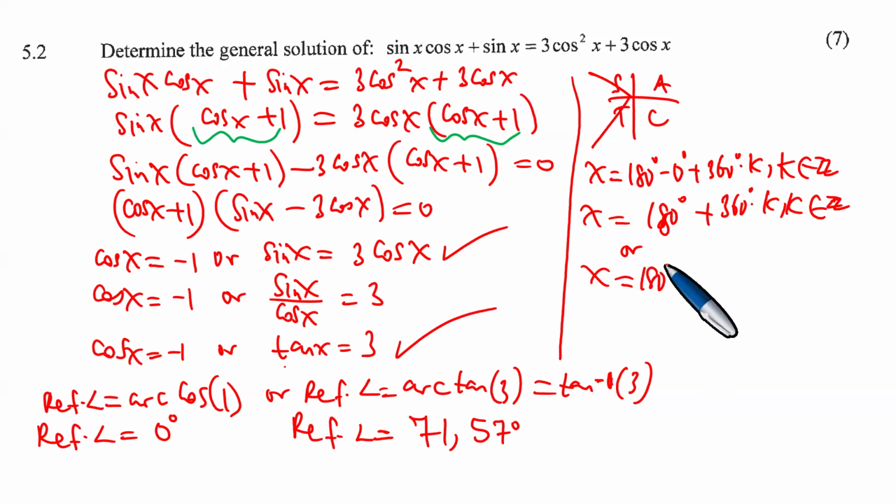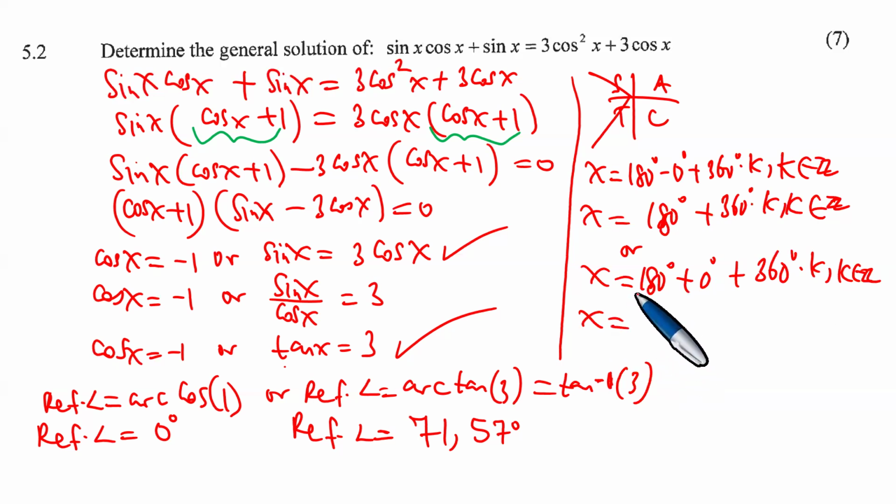So you'd have 180 degrees plus 0 degrees plus 360 degrees times k, because the period is 360 for the cosine. And therefore 180 degrees plus 0 degrees gives us 180 degrees plus 360 degrees times k, k in Z.